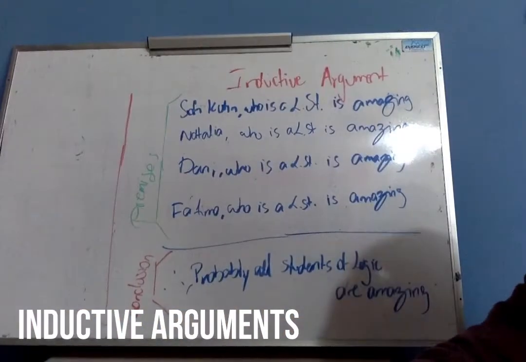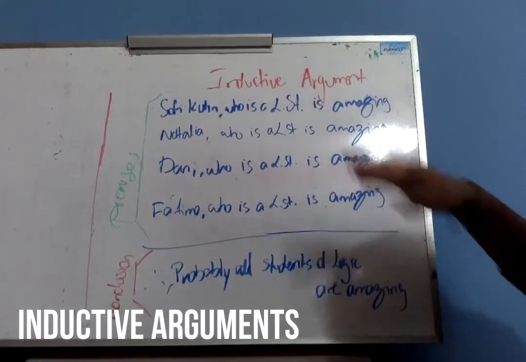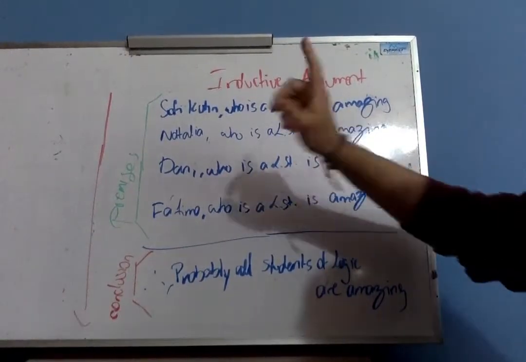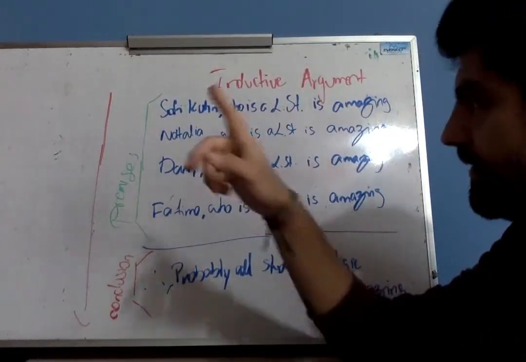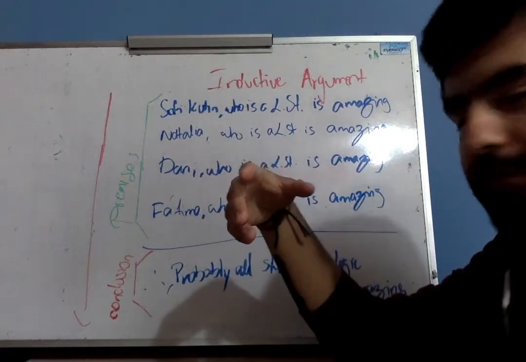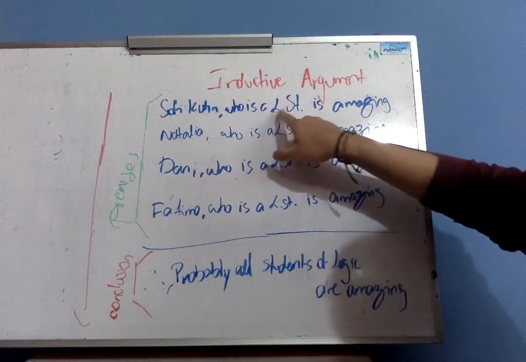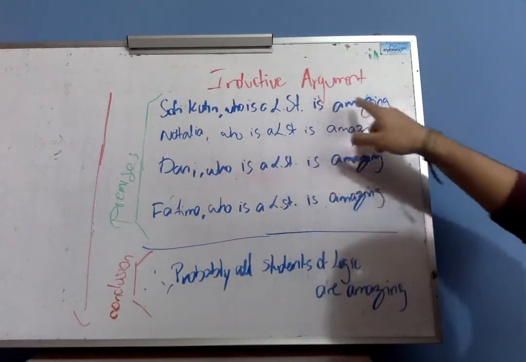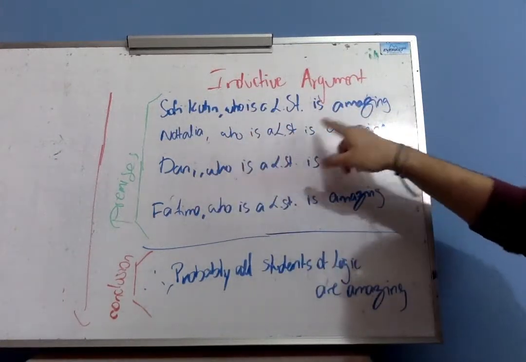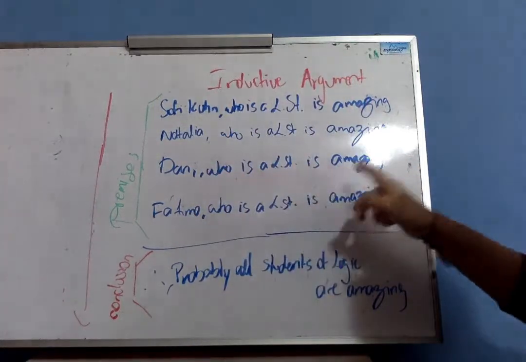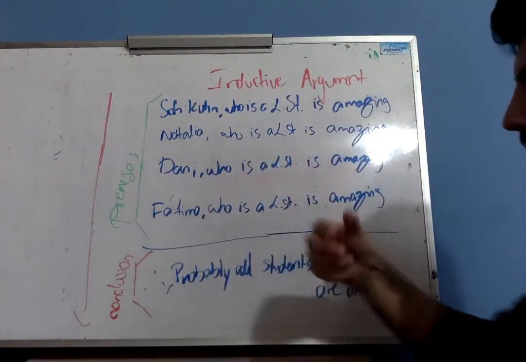Now, let's consider the next argument, for the inductive ones. Sophie Kuhn, I'm sorry if I didn't write your last name correctly, who is a logic student, I simplify that, is amazing. Natalia, who is a logic student, is amazing. Danny, who is a logic student, is amazing. Fatima, who is a logic student, is amazing.